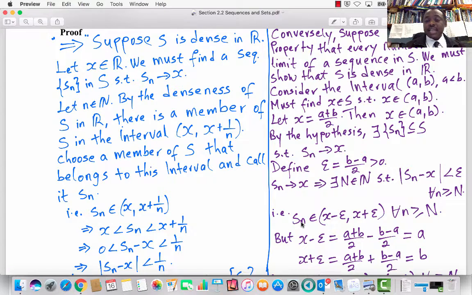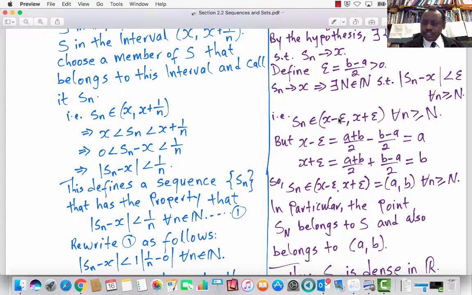That means Sn is an element of the open interval X minus epsilon, X plus epsilon for every natural number n greater than or equal to uppercase N. If you have forgotten how we got here, this inequality means negative epsilon is less than Sn minus X, which is less than epsilon. Add X on all sides and we end up with this.